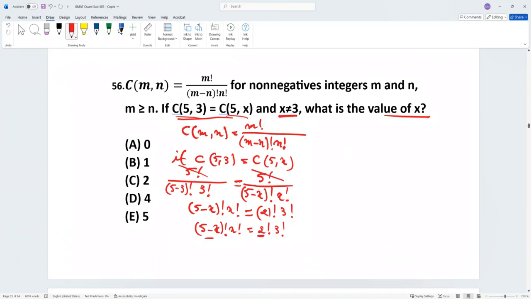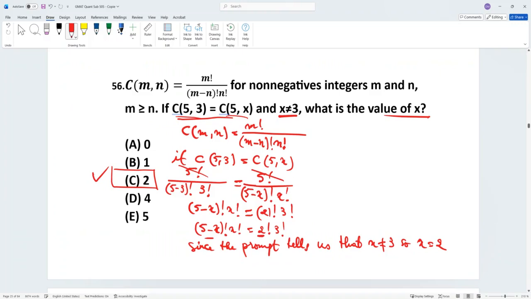Since the prompt tells us that x is different from 3, x is equal to 2. Answer C. So that's how you determine the value of x there.